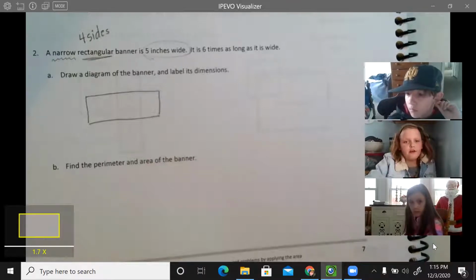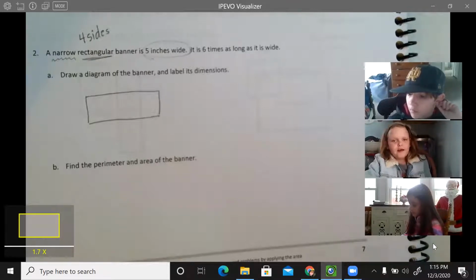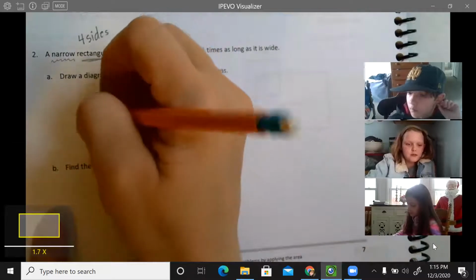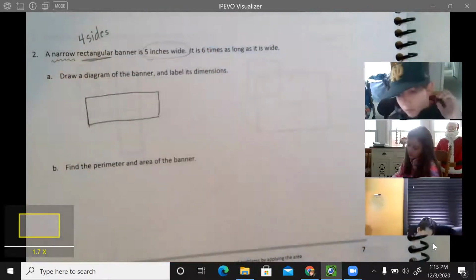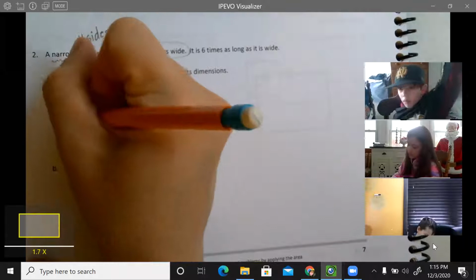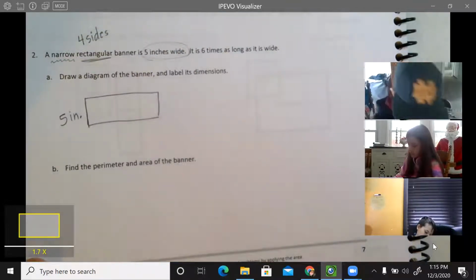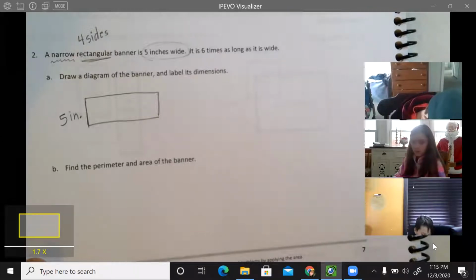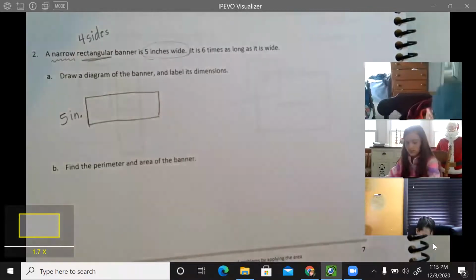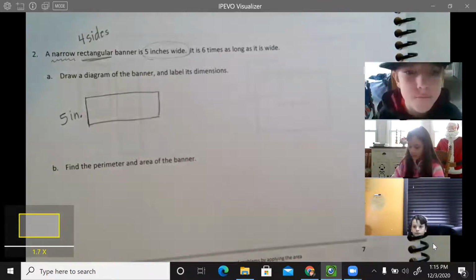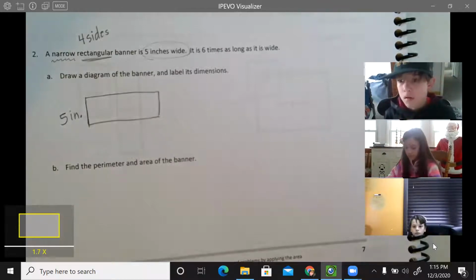It's 5 inches wide. Okay, stop right there. So here's my width. That's how wide it is. So I'm going to label this 5 IN period. That's the abbreviation for inches. Before I move on, can I label anything else with the number 5 inches?